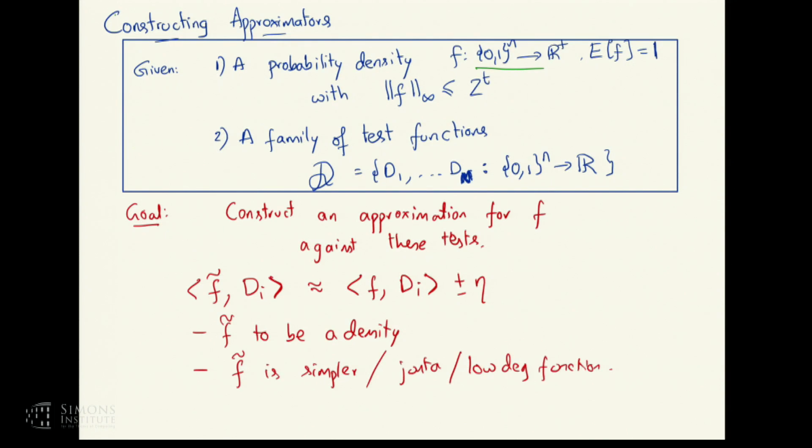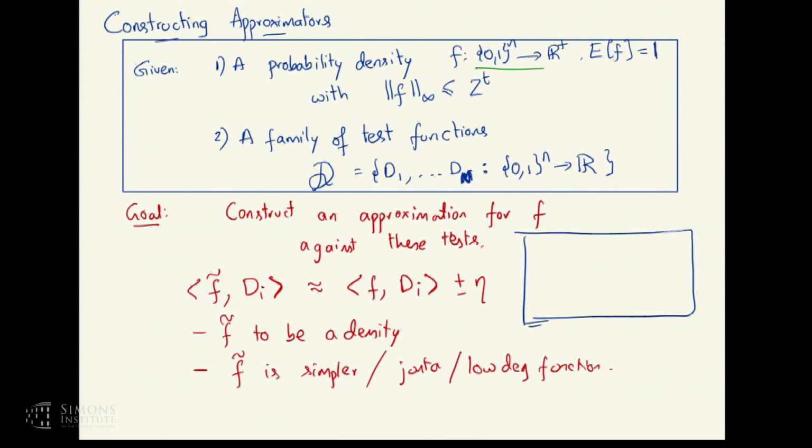But one fact which is very revealing to me, a recurring fact, a meta observation I guess, is that if you are trying to approximate something, the complexity of the approximator only depends on the complexity of the tests that you're trying to fool, not on the complexity of the object.